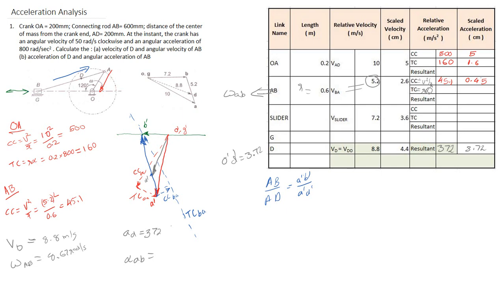In order to find this alpha value, you first have to measure the corresponding dimension on the acceleration diagram. This particular value corresponds to this vector, that is the tangential component of BA.